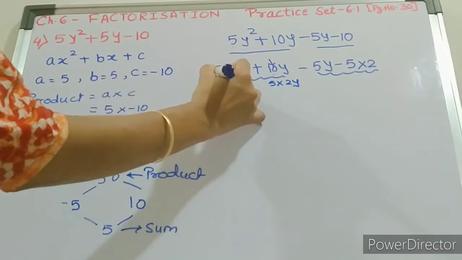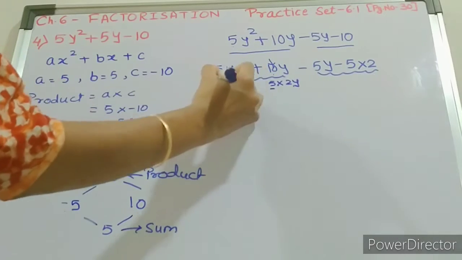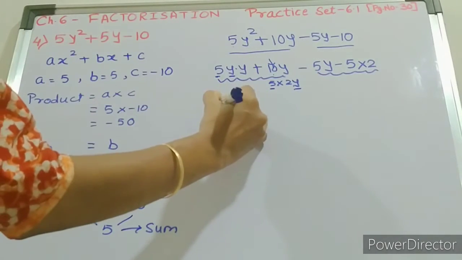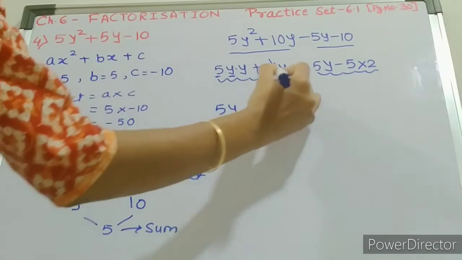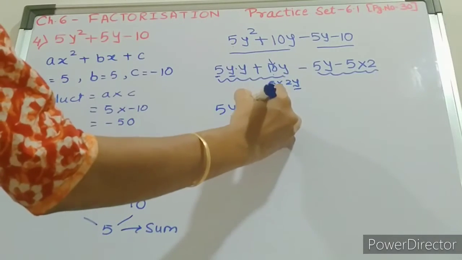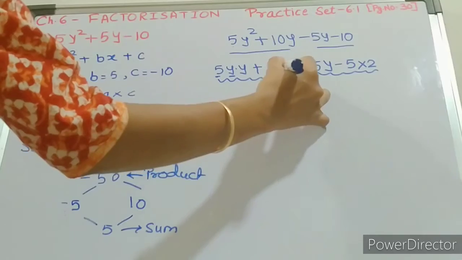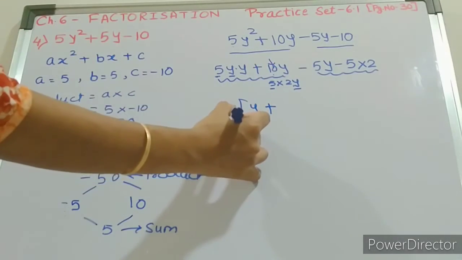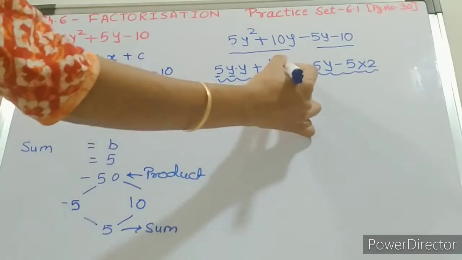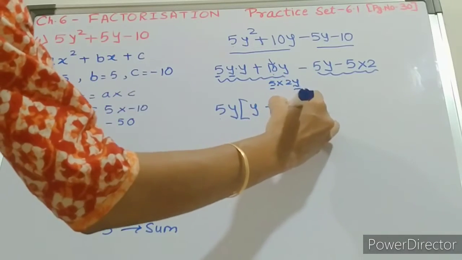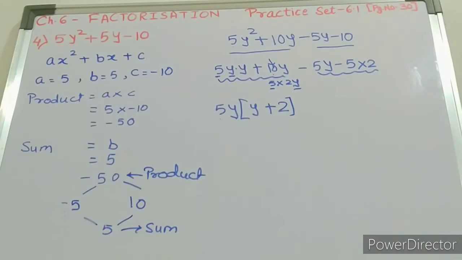So what are the common factors? 5 and y. So I will take 5y from these two, and what is remaining? y plus. For 10y I have taken 5y outside, so the remaining factor is only 2.